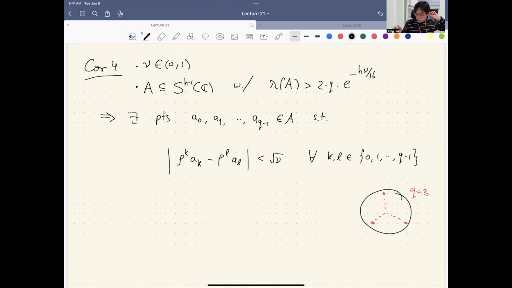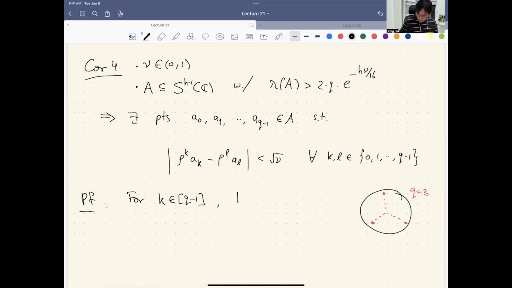Now, how do we prove this? The proof is simple. We basically show that we scoop out bad sets. Let's see the proof. Let's define a bad set for each rotation k in Q minus 1.